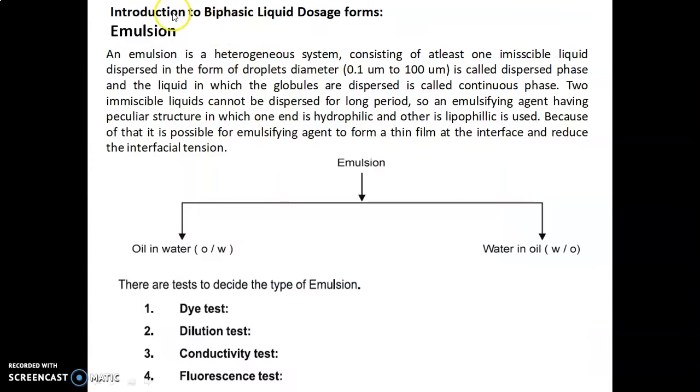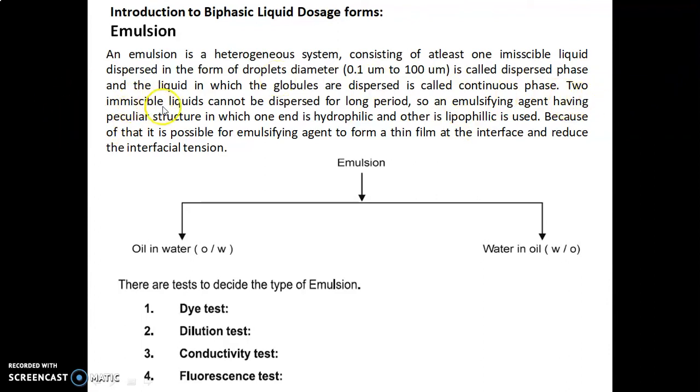In that we will discuss emulsion, an introduction to biphasic liquid dosage forms. An emulsion is a heterogeneous system consisting of at least one immiscible liquid dispersed in the form of droplets with a diameter of 0.1 micrometer to 100 micrometer, called the dispersed phase, and the liquid in which the globules are dispersed is called the continuous phase.